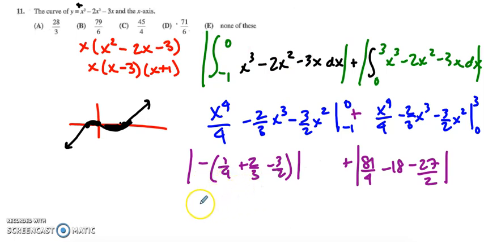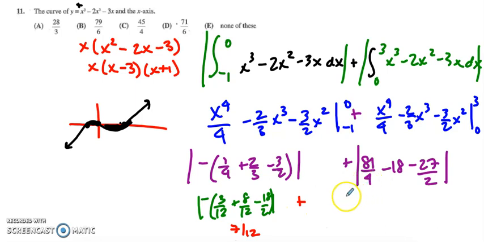I'm going to need a common denominator in this first one, which I'll make 12. So I have this negative here, and then I have 3/12 plus 8/12 minus 18/12. Let me simplify that first. 11 minus 18 is -7, made positive, so 7/12 is this one.